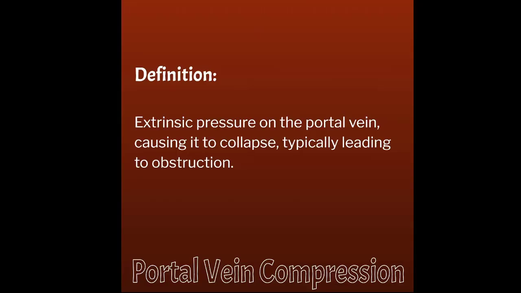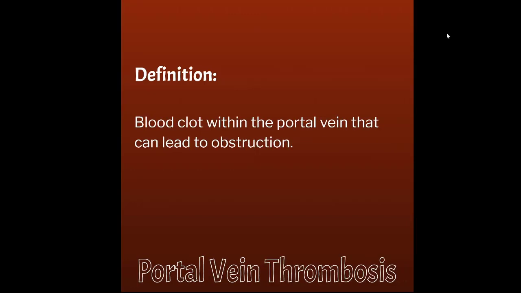So again, extrinsic is pressure on the portal vein causing it to collapse, typically leading to obstruction. Portal vein thrombosis then is going to be an internal blood clot within the portal vein that causes obstruction. So we have extrinsic pushes the portal vein walls shut to obstruct it, where portal vein thrombosis is going to be a blood clot on the inside causing obstruction.